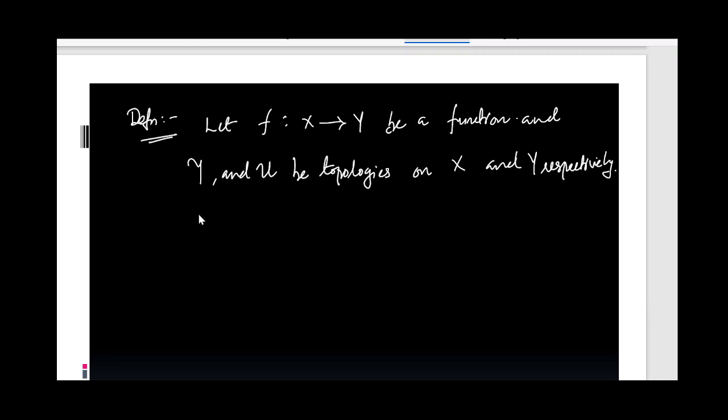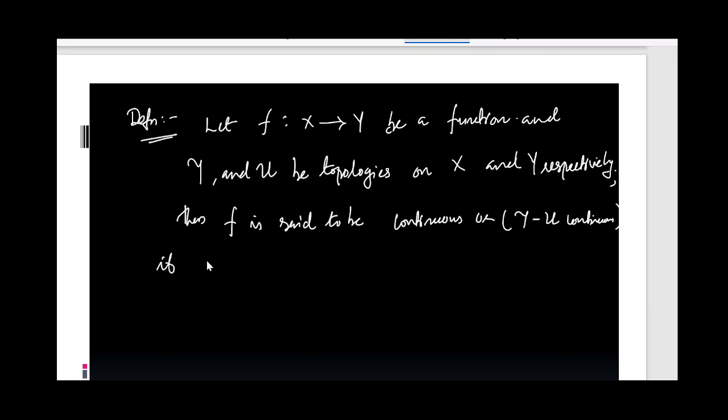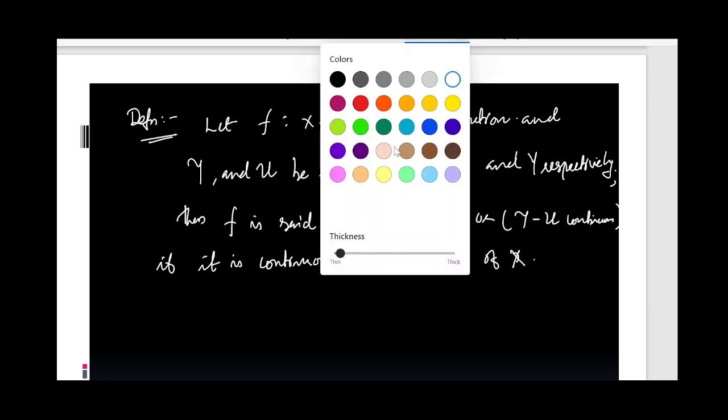Then f is said to be continuous, or we will say T-U continuous, if it is continuous at each point of X. And in the previous class we discussed what is continuous at a point.